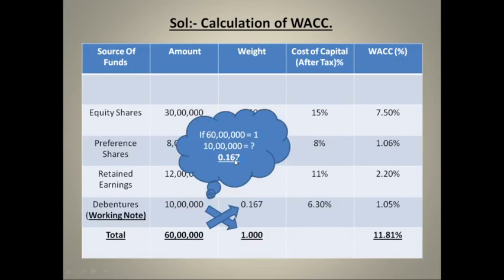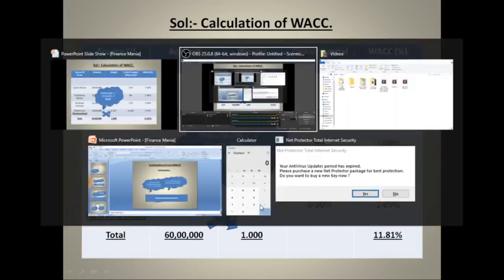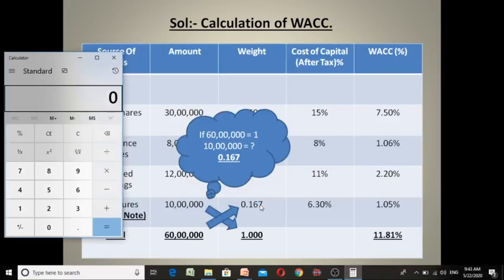Now I will use a calculator for your convenience, and I will show you how we arrived at this 0.167. We'll be multiplying this 10 lakh by 1, which is nothing but 10 lakh, but still let's do it.